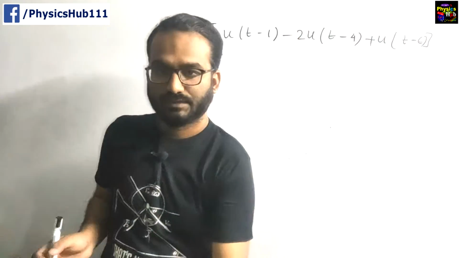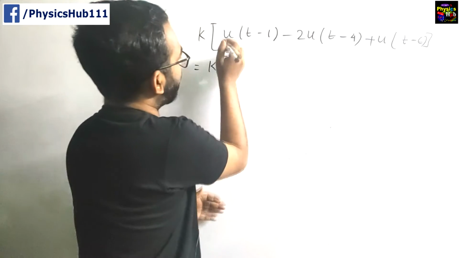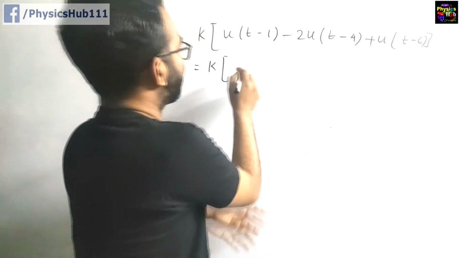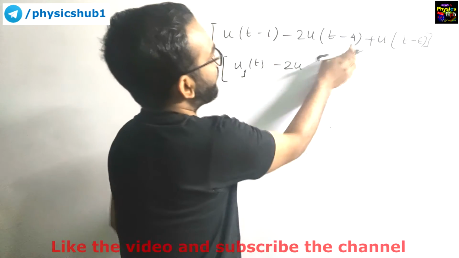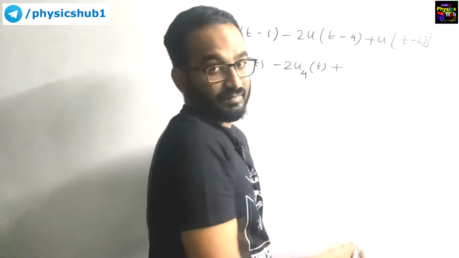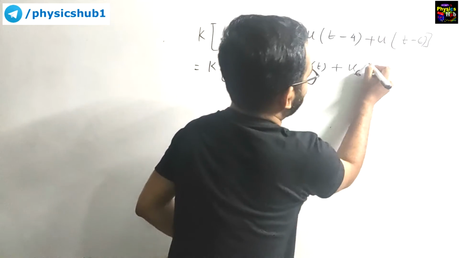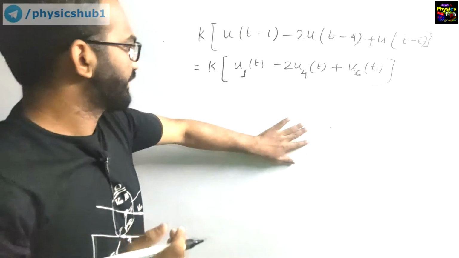In shorter notation, as I told you, u of t minus a can be written as u1 of t minus 2 u4 of t plus u6 of t. Let us try to plot this.